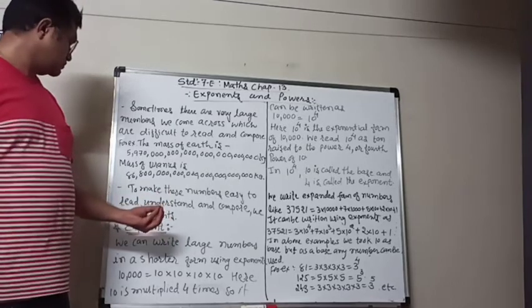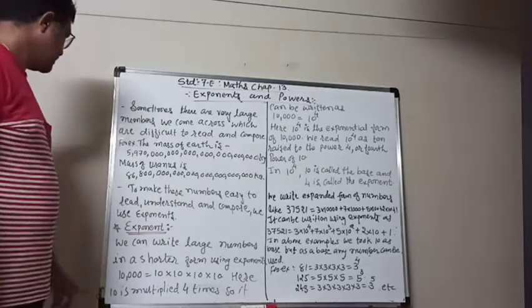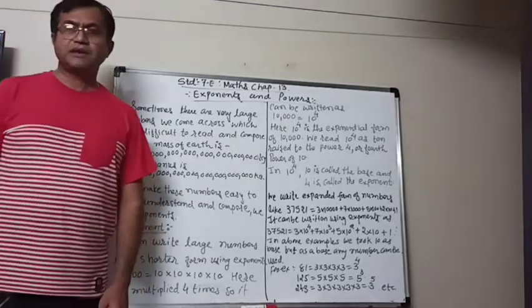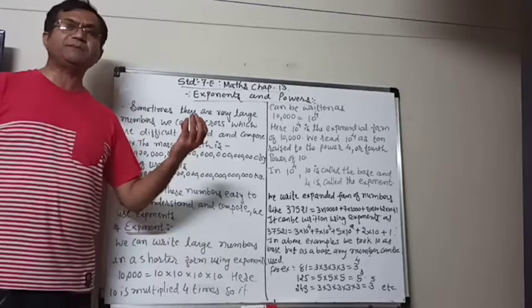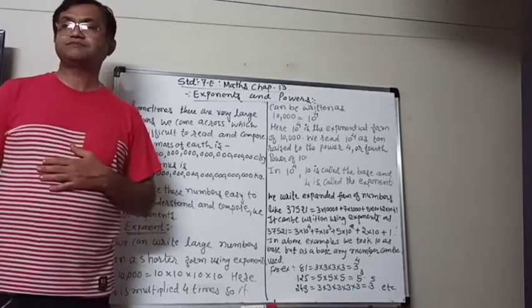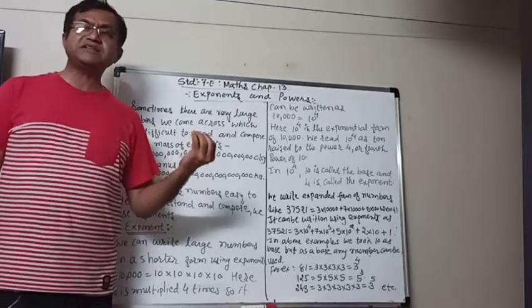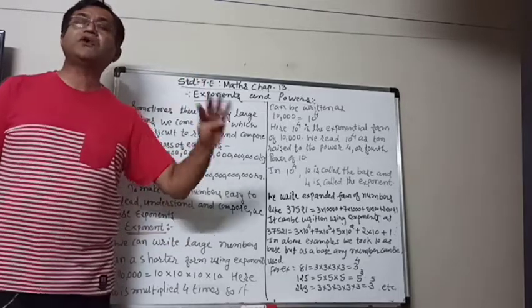Let's understand with a small example. 10,000 is the product of 10 multiplied by 10 multiplied by 10 multiplied by 10. So here you can see that the number 10 is multiplied 4 times.